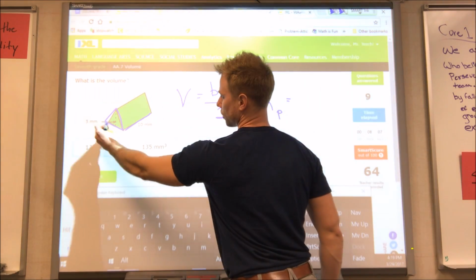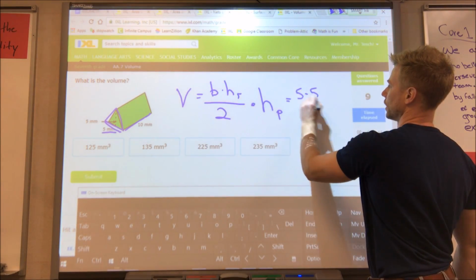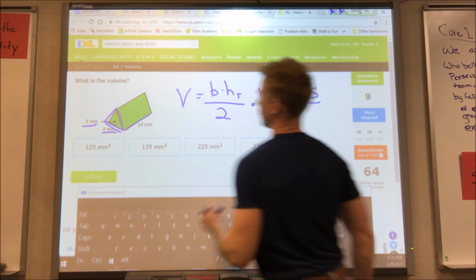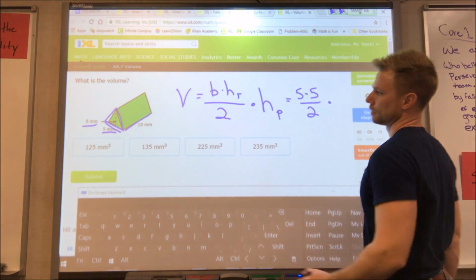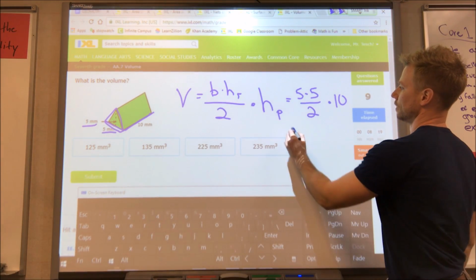Okay, so the base of our triangle is 5. The height of our triangle is 5. We divide that by 2, take that times the height of the prism, which is 10.